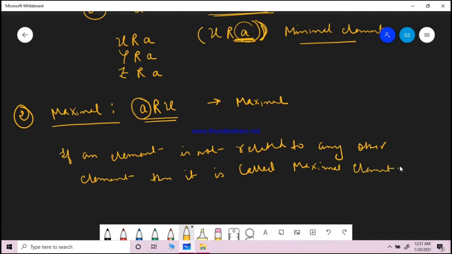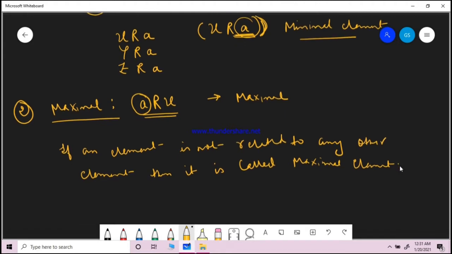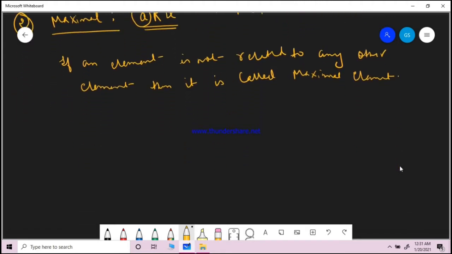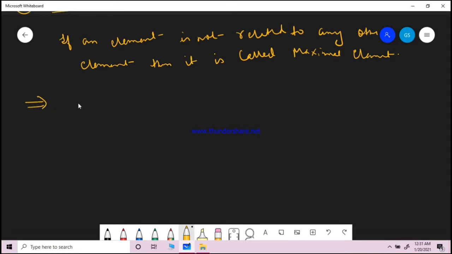So from this you can simply say, if this A never appears in the right hand side, this condition is never true, then A is minimal.